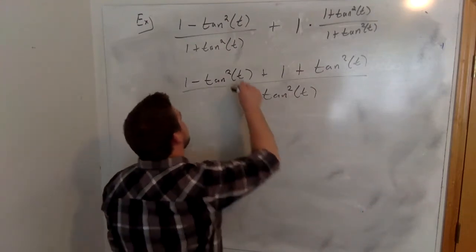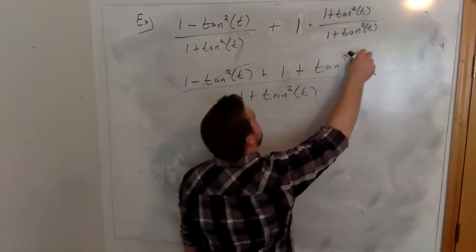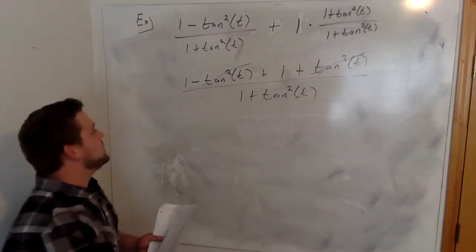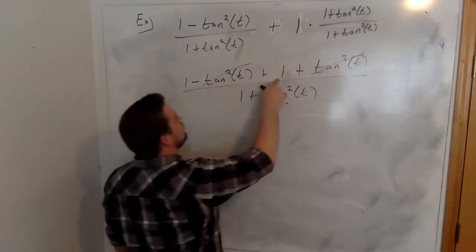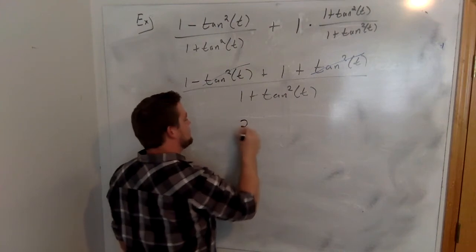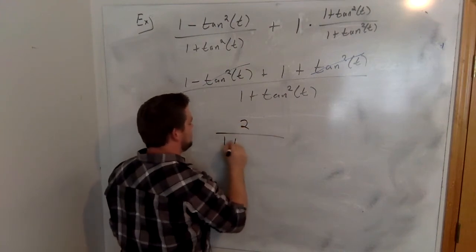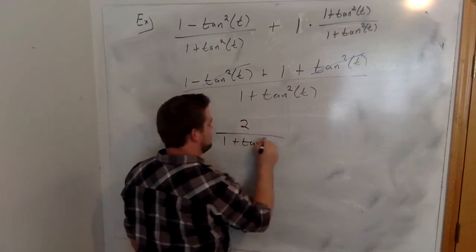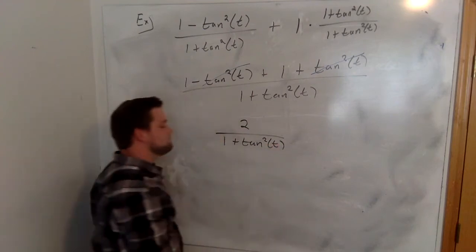Here I have a negative tan squared plus a positive tan squared. Those cancel each other out. I have a 1 plus a 1, that's just 2. So we now have 2 over 1 plus tangent squared of t.